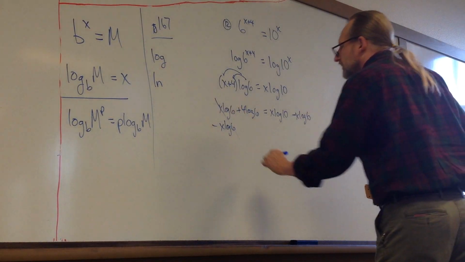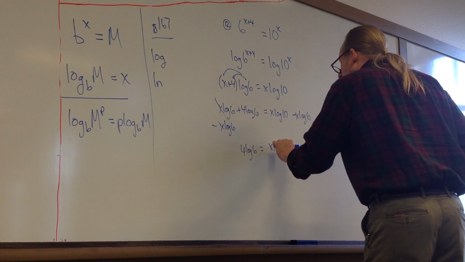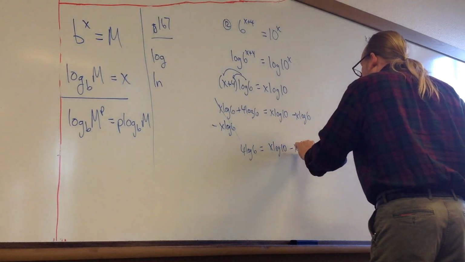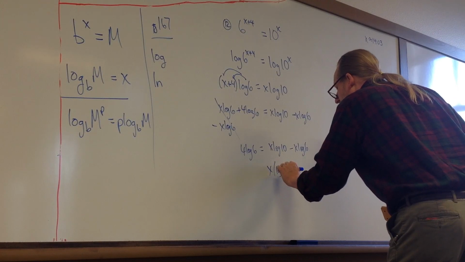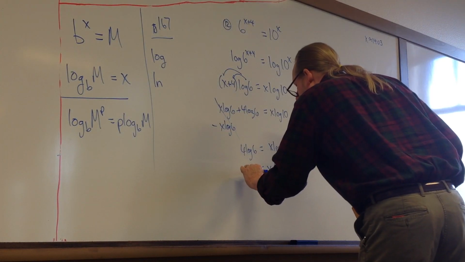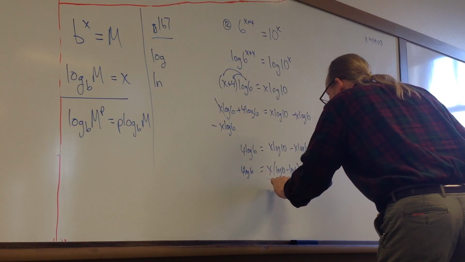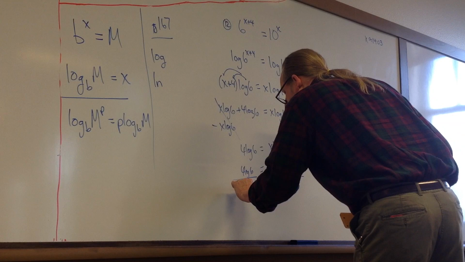We collect our x's on the same side, and then factor out the x: log 10 minus log 6. And then divide on both sides by log 10 minus log 6.